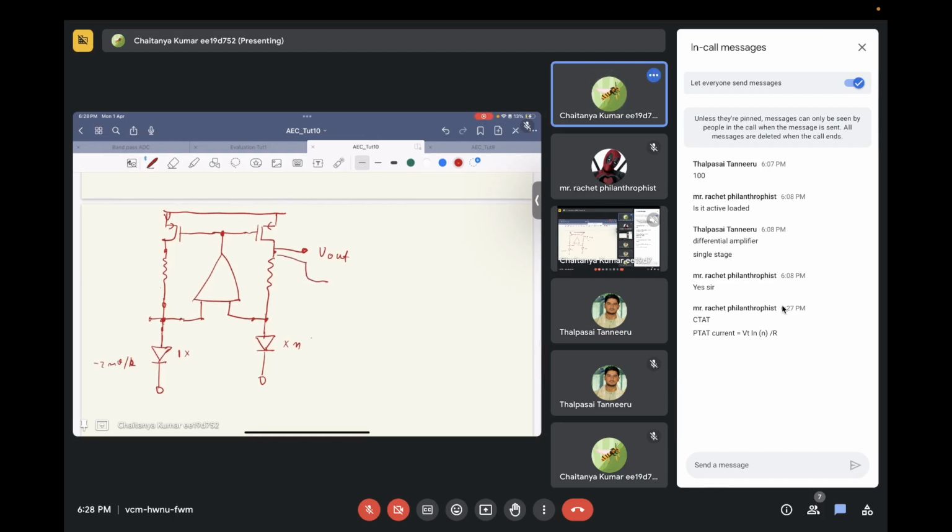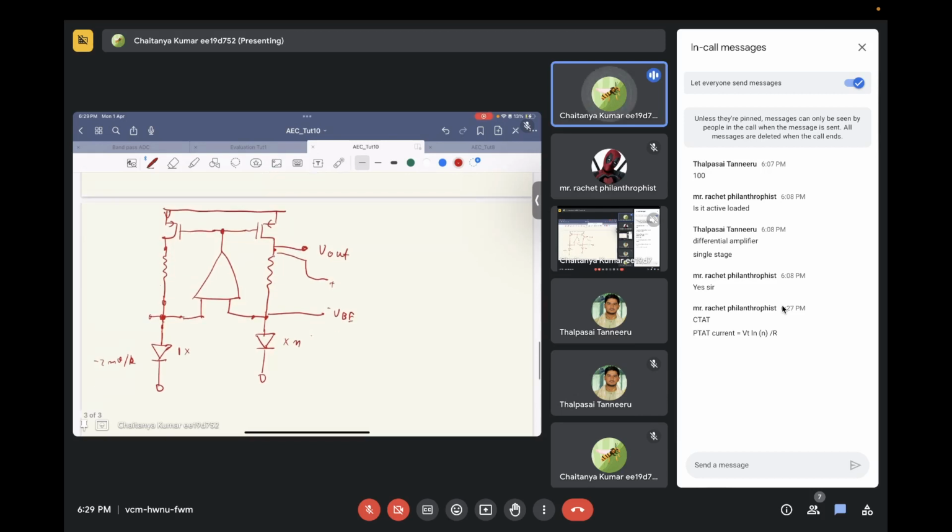What is this voltage? V out, sir. So this is basically VBE, and the current that flows here, and this V out is I times R1, let's call this R1 and this R2, so I times R1 plus VBE.